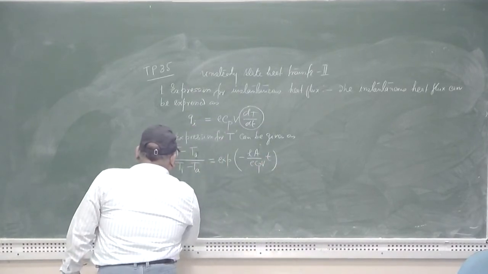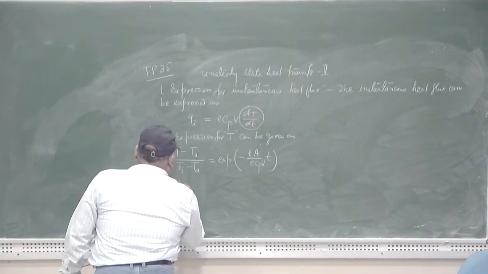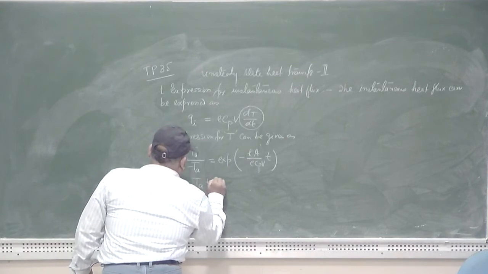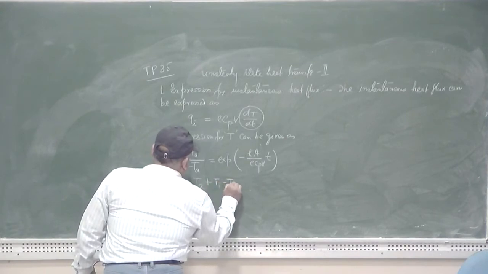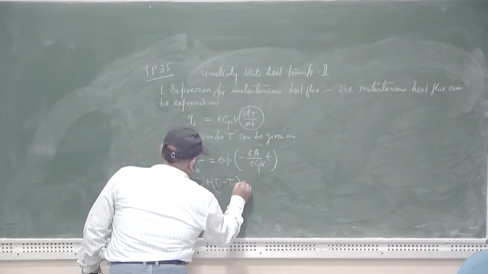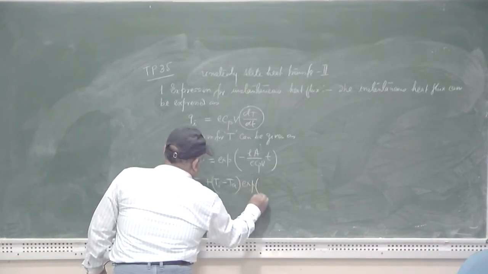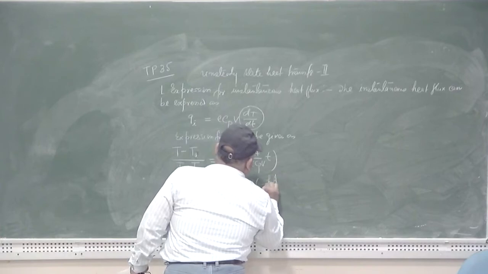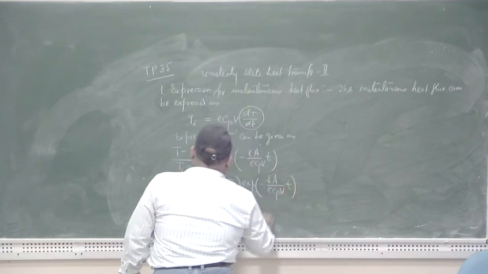So, the expression for T comes as T is equal to Ta plus (Ti minus Ta) exponential of minus hA upon rho Cp V into t.